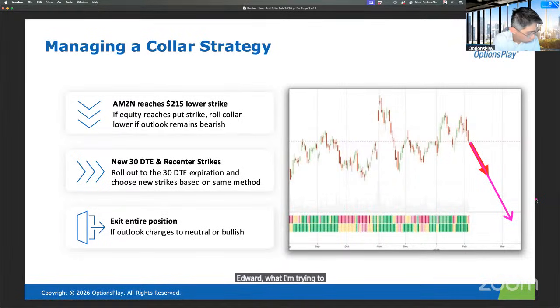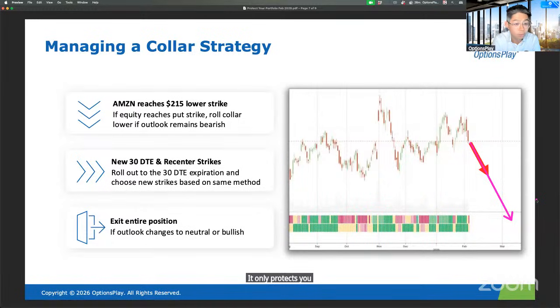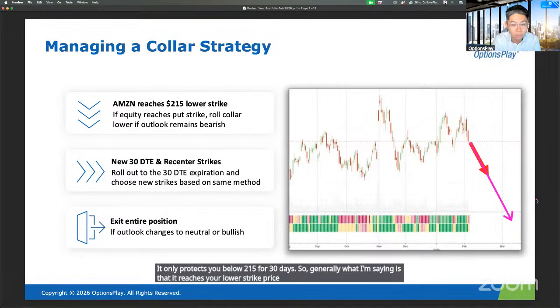Edward, what I'm trying to refer to is that for the stock to reach your lower strike price, it also has to take time, right? So you only have 30 days in your collar strategy. It only protects you below 215 for 30 days. So generally what I'm saying is that it reaches your lower strike price and you're essentially nearing expiration or at expiration.